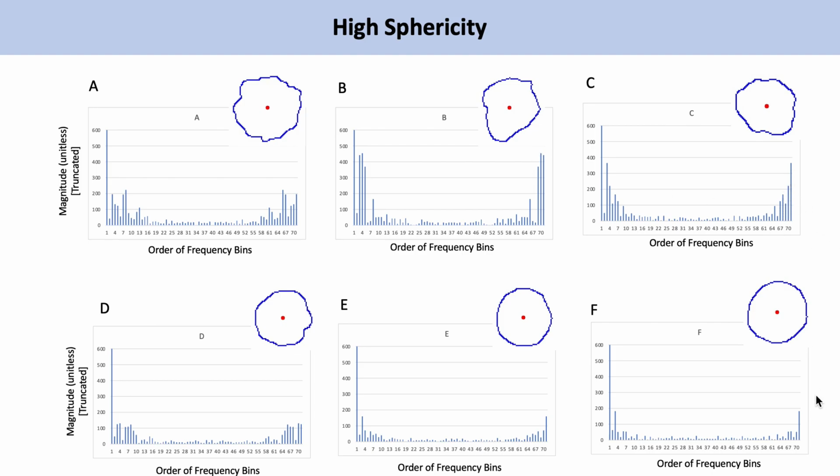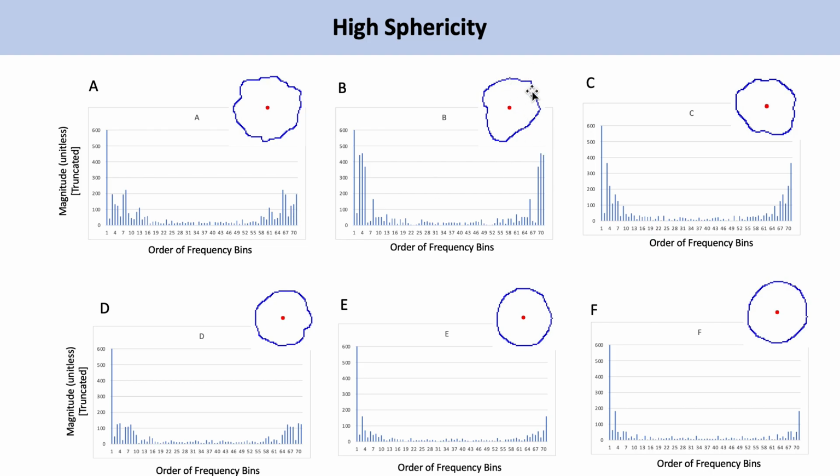If you look at F, which is nearly a perfect circle, or a very smooth edge, you have very small values for the last 3 bins. Here in A, you have a jagged edge, but the jaggedness is relatively uniform around the whole circle, and therefore these last 3 bars are in this lower range.